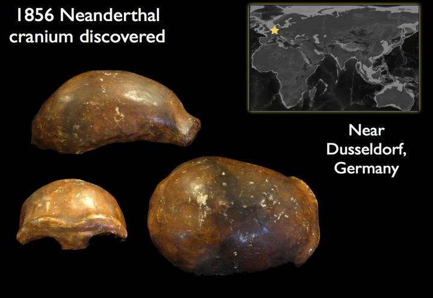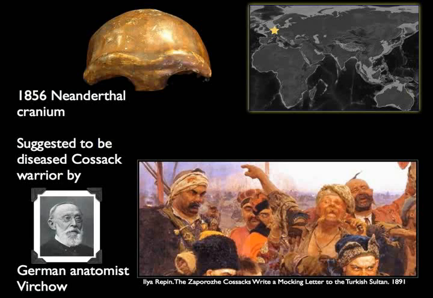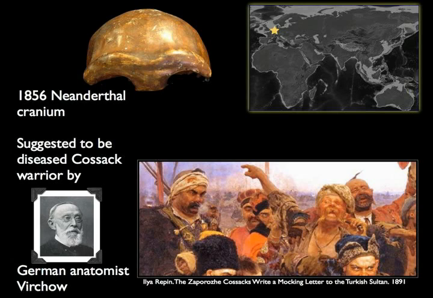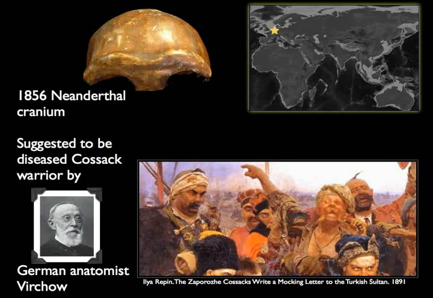Anyway, the first Neanderthal cranium was discovered in 1856, and when it was first found, people just thought it was weird, and there was a lot of debate about what that thing was. A lot of people suggested that it was just a weird-looking human, and to be honest, the cranial capacity isn't any smaller than a modern human, so it really was plausible.